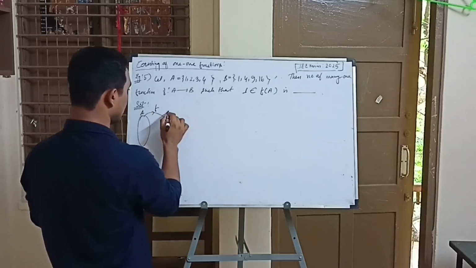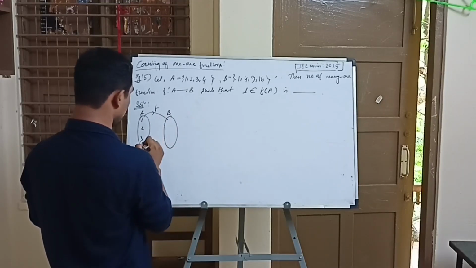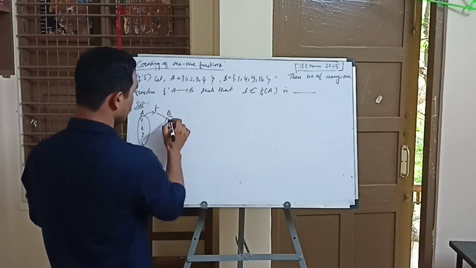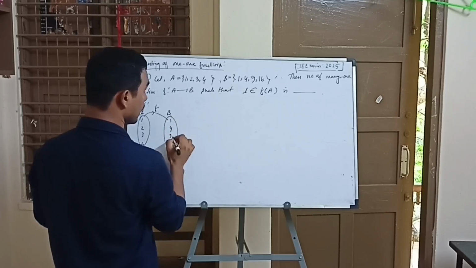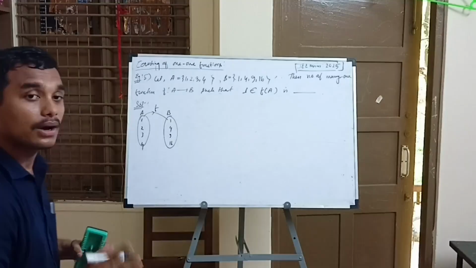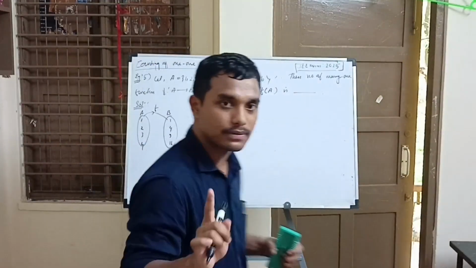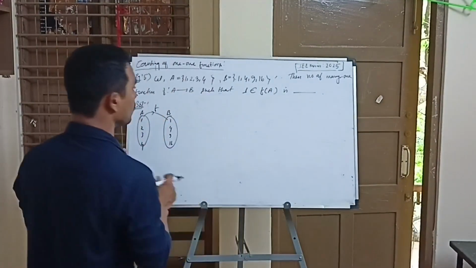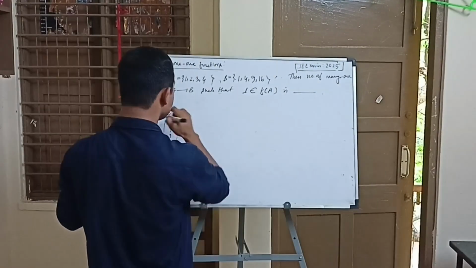Here f, A and B, 1, 2, 3, 4 and 1, 4, 9, 16 is here. Correct? Remember one observation. What is the observation?